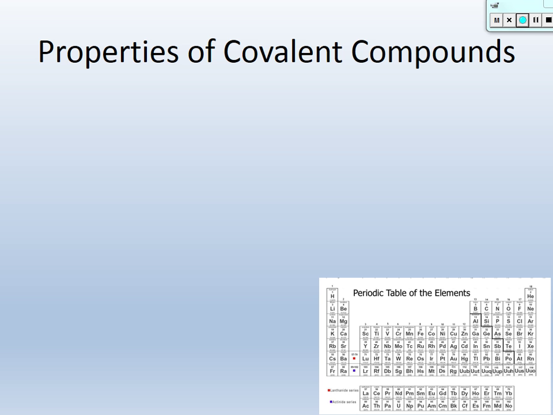Okay, I wanted to finish this video with properties of covalent compounds because we've been talking about covalent compounds, which are 2 nonmetals. So if you look at the periodic table, this staircase here, we're talking about compounds or molecules that are made up of 2 nonmetals.